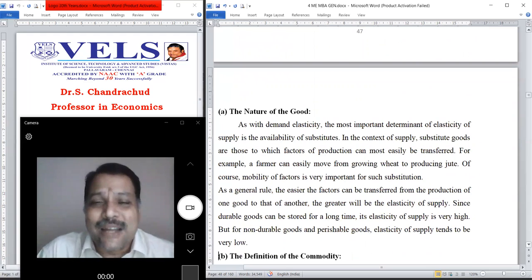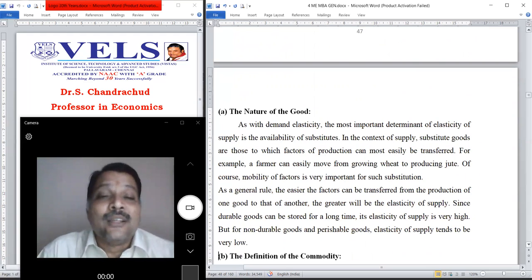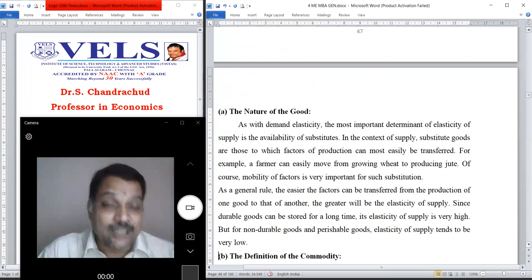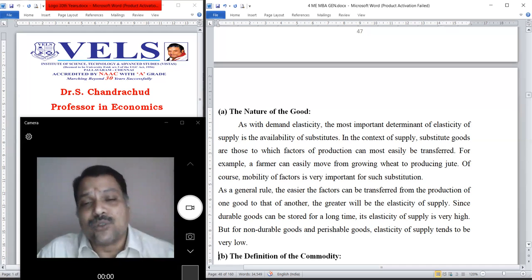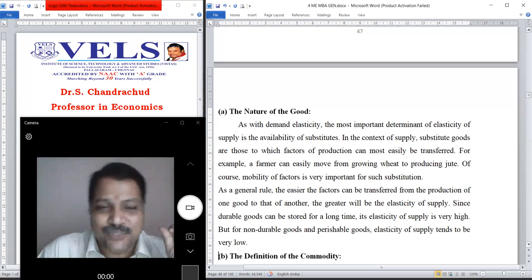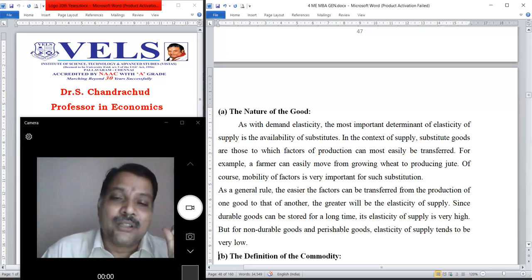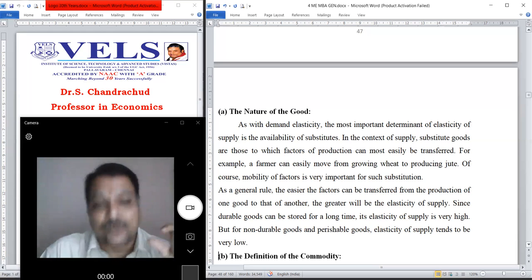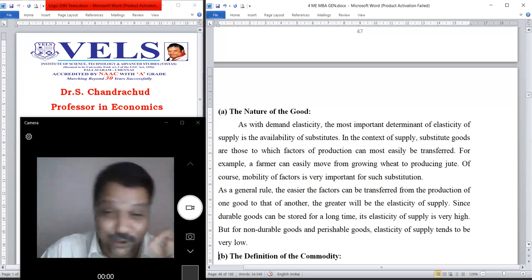As with demand elasticity, the most important determinant of elasticity of supply is the availability of substitutes. In the context of supply, substitute goods are those to which the factors of production can most easily be transferred. For example, a farmer can easily move from growing wheat to producing jute. Of course, the mobility of factors is very important for substitution.